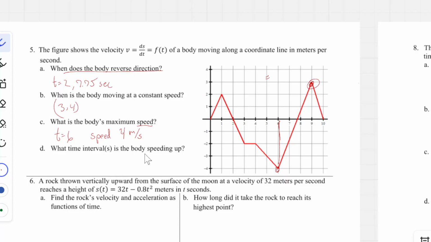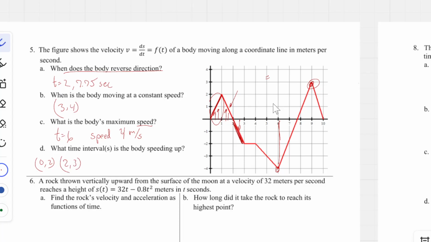In terms of speeding up, speeding up means the velocity and the acceleration have the same sign. So here's a positive velocity and the acceleration is the slope, so that's speeding up. Here the velocity is positive, but the slope is negative, the acceleration is negative, so that's slowing down. Here the velocity is negative and the acceleration is negative, so that's speeding up.